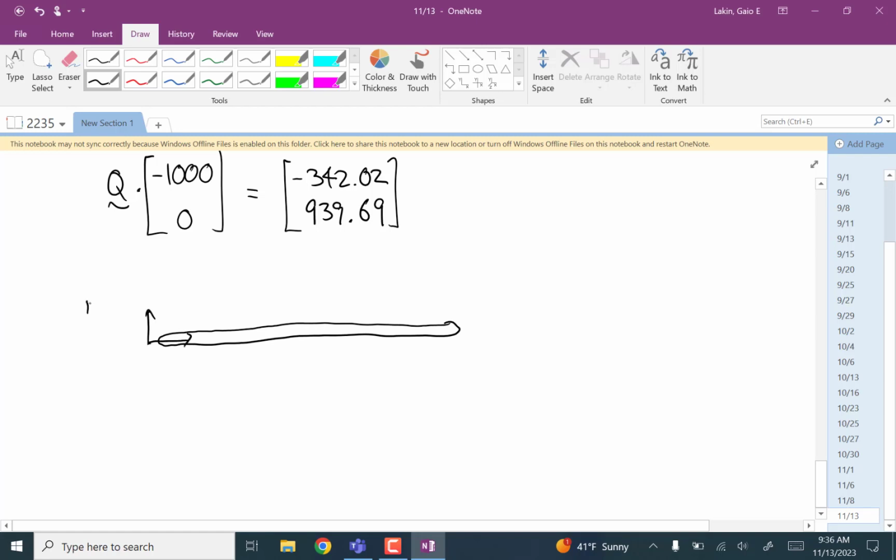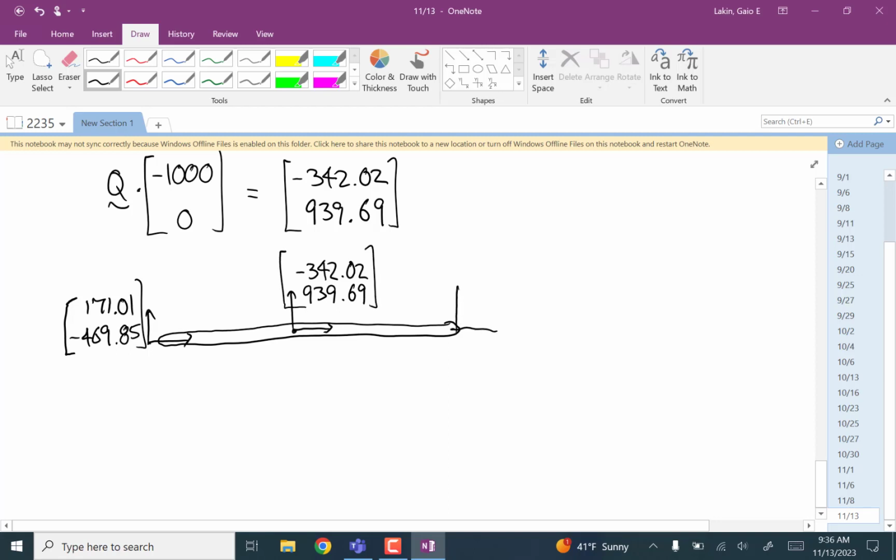So we have 171.01, negative 469.85. And at the midpoint, we have negative 342.02, positive 939.69.